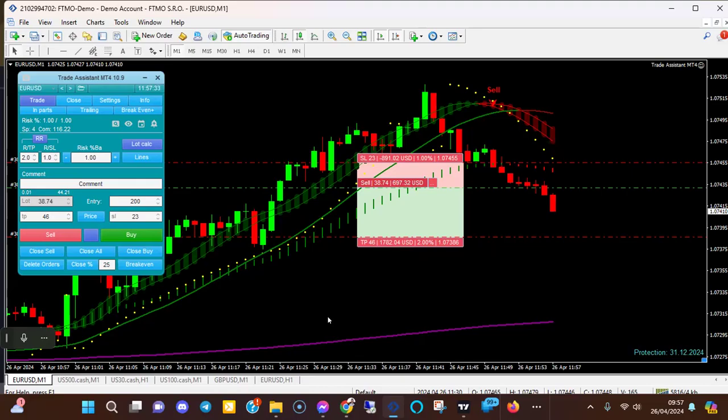And at the end of the day, if it loses, you lose 1%. And we trade again later on, maybe today, if you feel like it. And if it wins, we win the 2%.